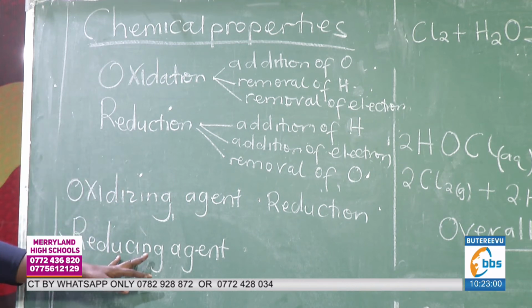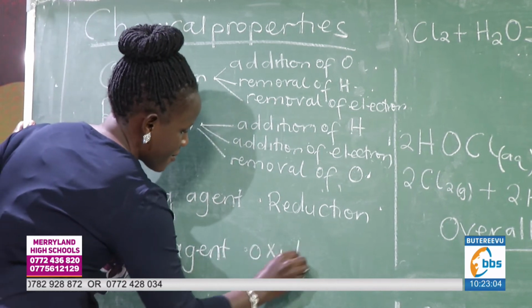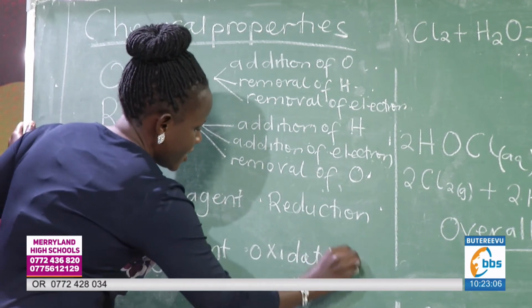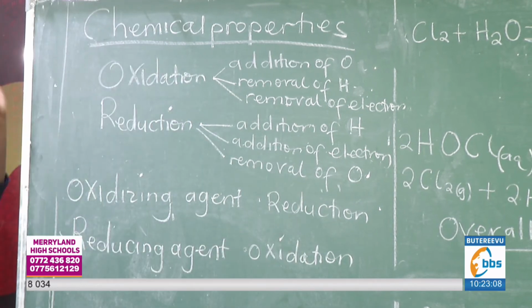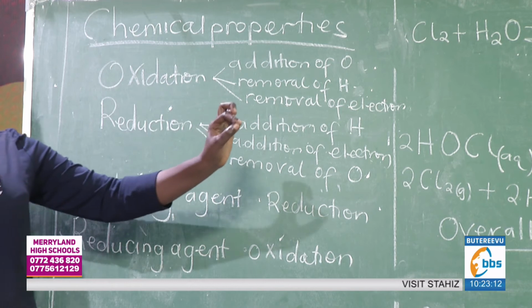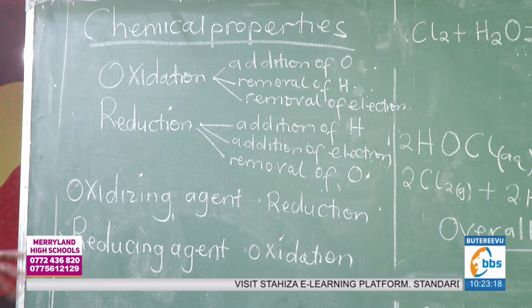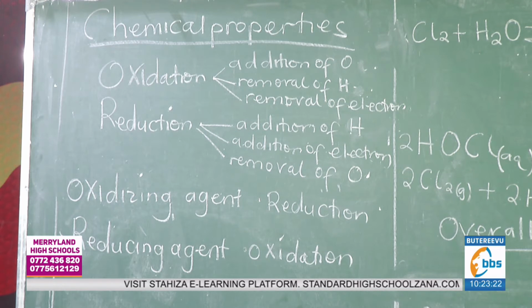A reducing agent undergoes oxidation, but it reduces the element or substance it is reacting with. So you must understand these terms very well. An oxidizing agent undergoes reduction, but it oxidizes the one it is reacting with.